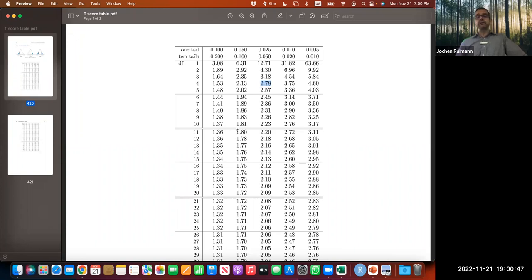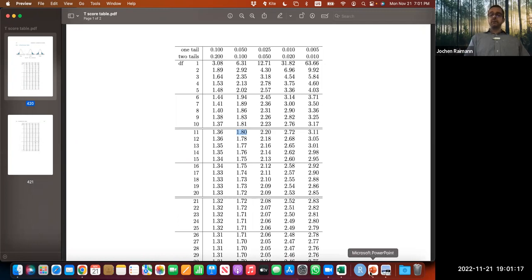We have two different values now. For a one-tailed analysis, we have a critical t of 1.8, because we're finding the one-tailed in the upper row, and 5% is the second column. That's our 1.8. For two-tailed, the 5% critical t is 2.20.